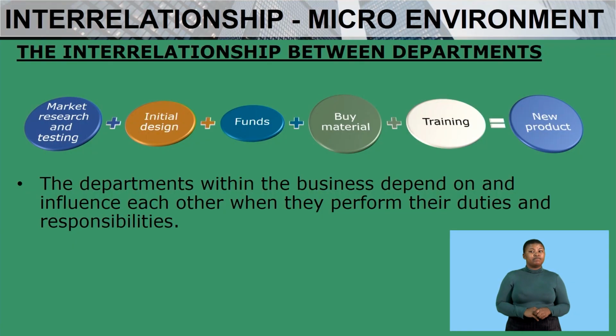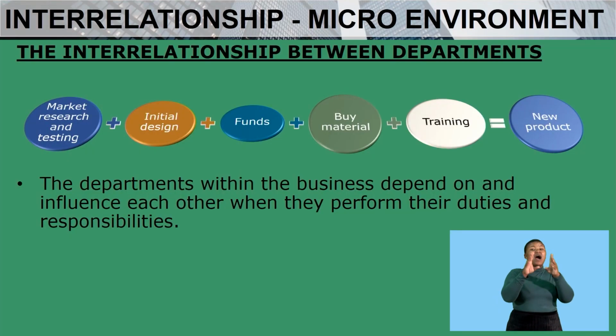For example, you will have a financial department, and their job is to do the financial function of the business. You will have a marketing department, and what they do is the marketing function of the business. So if we ask what is the relationship between the departments, it's kind of like answering what is the relationship between the business functions.